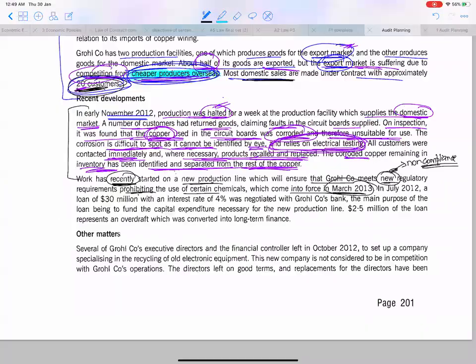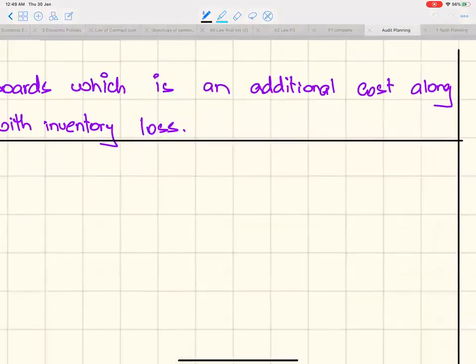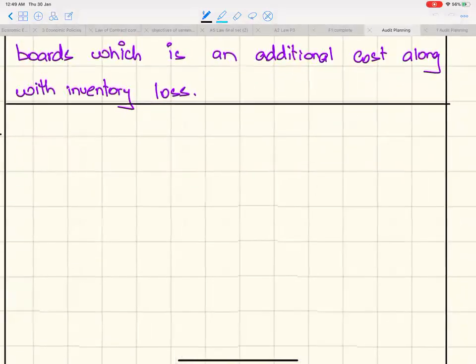Okay, so let's see. Non-compliance. Now, I want you people to be alert.